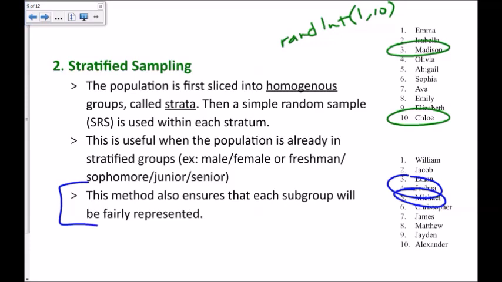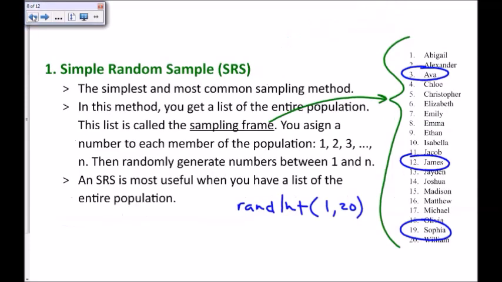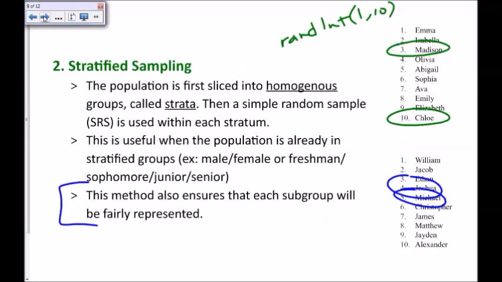Because if you just use randomness from an SRS, you could happen to get more girls than boys, and that could skew some of your results if gender would make a difference in what you are sampling.